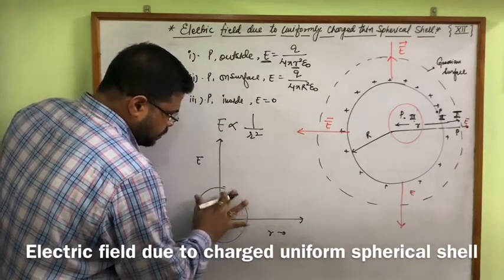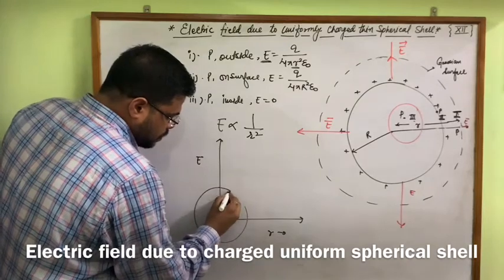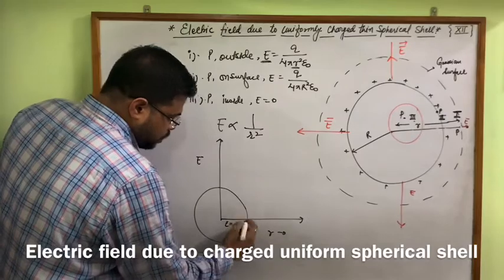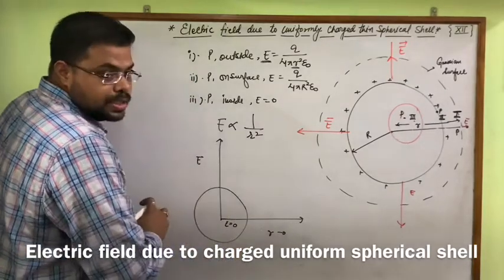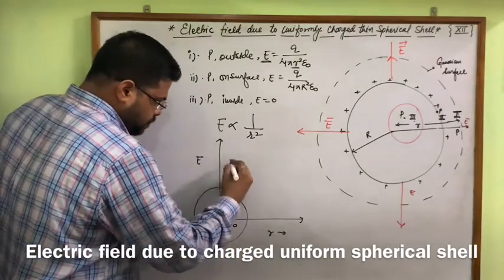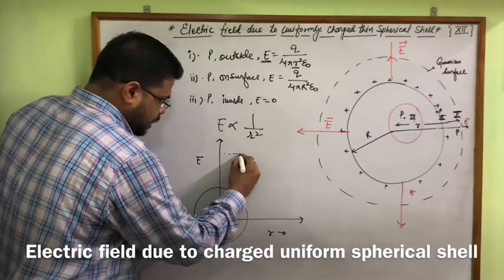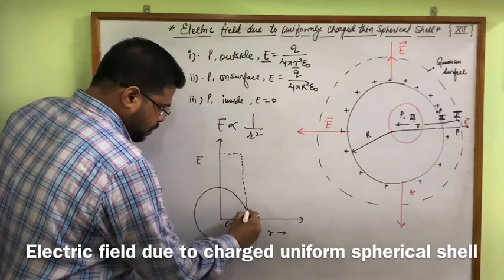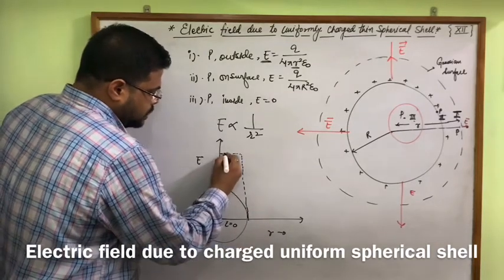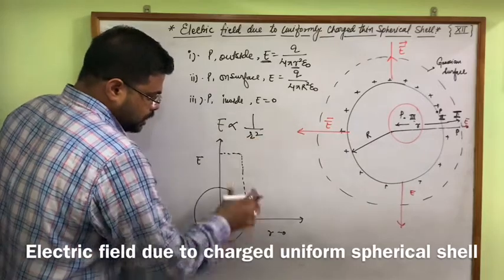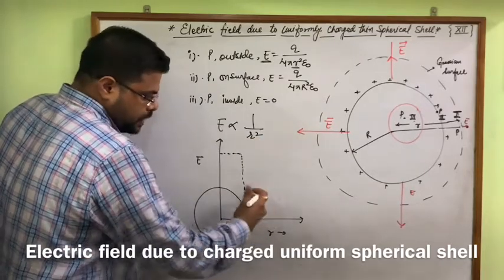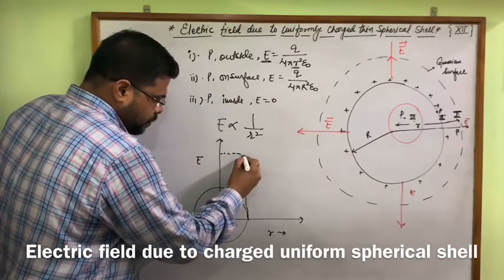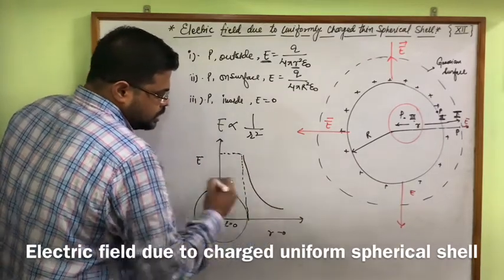Here we can consider that the electric field E will be 0 inside the spherical shell. So from here till here the electric field remains the same, and because of the inversely proportional nature, just outside the spherical shell surface the electric field is going to decrease like that.